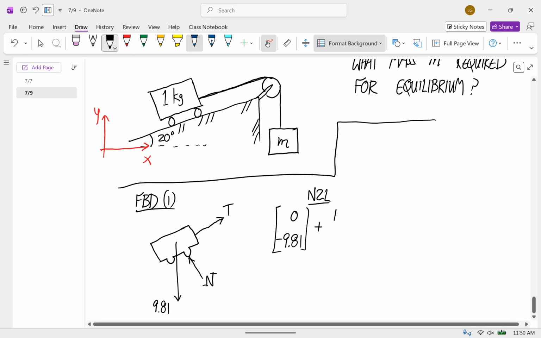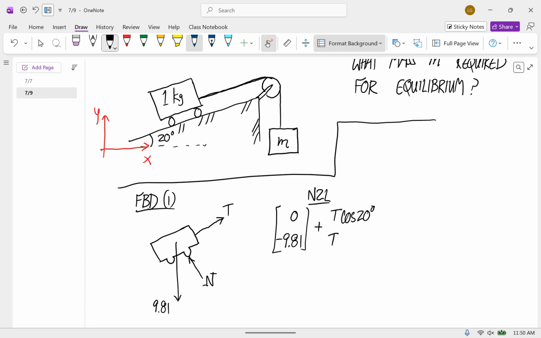So this is going to be T times cosine of 20, T times sine of 20. And then the last one is that normal force. That is going to be 110 degrees.